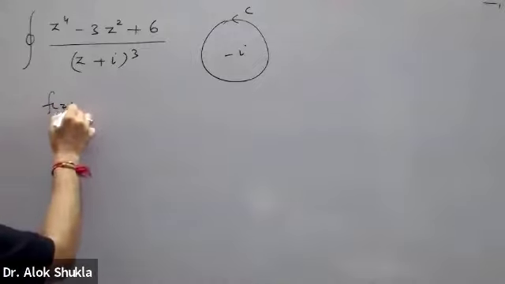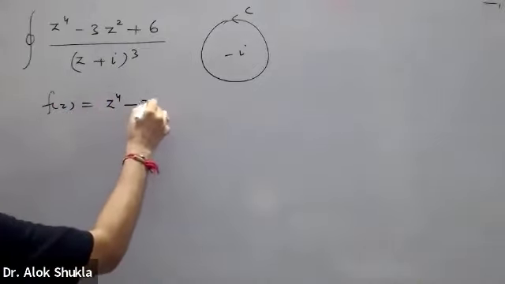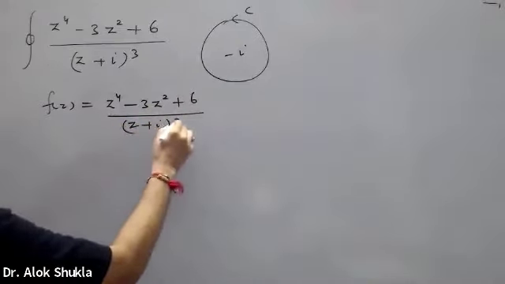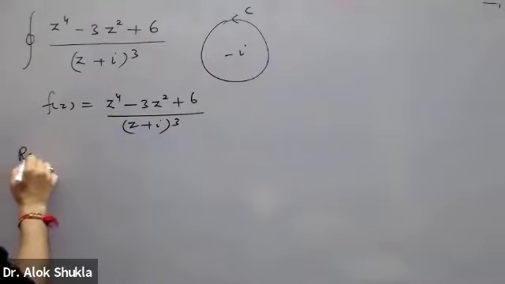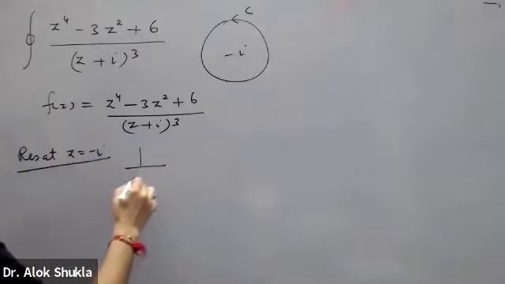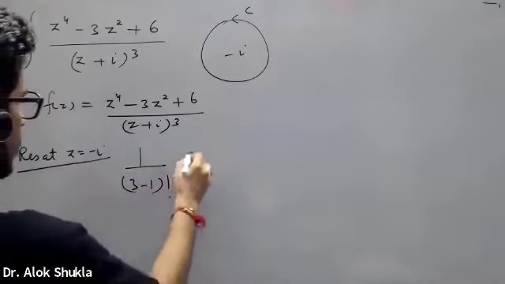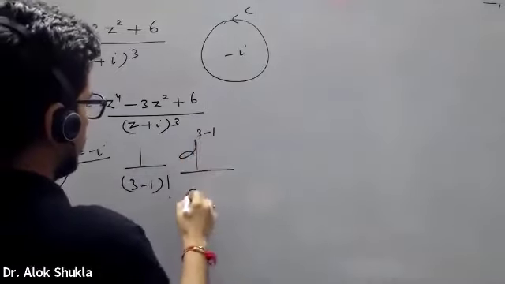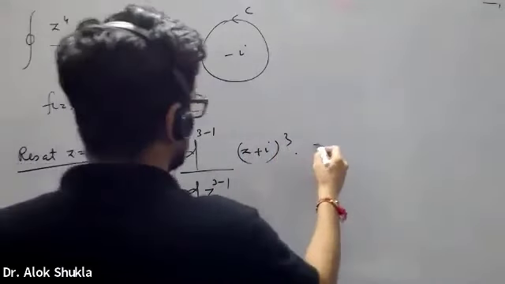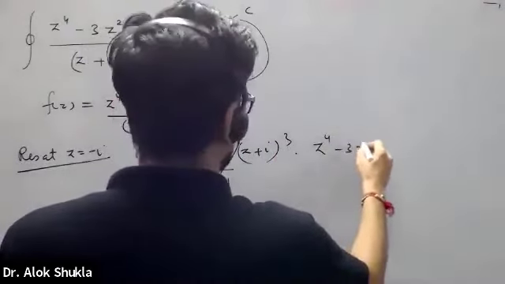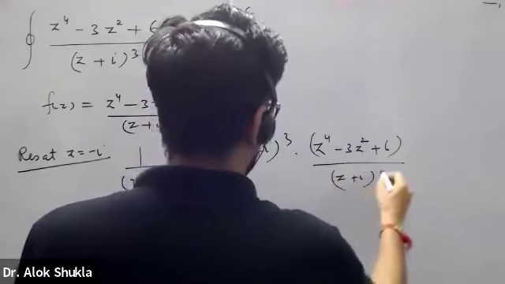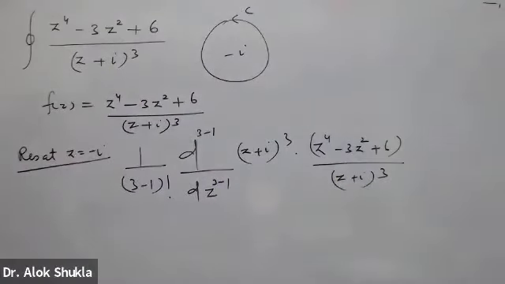F(z) is (z to the power 4 minus 3z square plus 6) over (z plus iota) cube, and the residue at z equal to minus iota is given by 1 upon (3 minus 1) factorial d^(3-1) by dz^(3-1) of (z plus iota) cube into (z to the power 4 minus 3z square plus 6) over (z plus iota) cube. This is the way to solve, na?